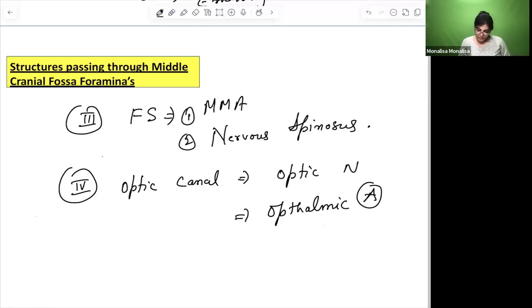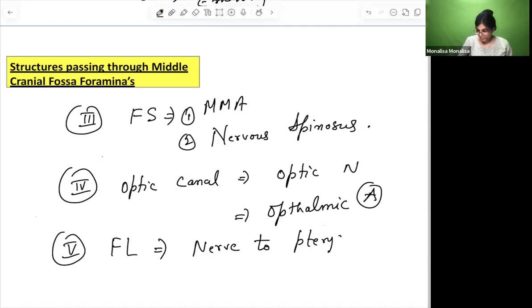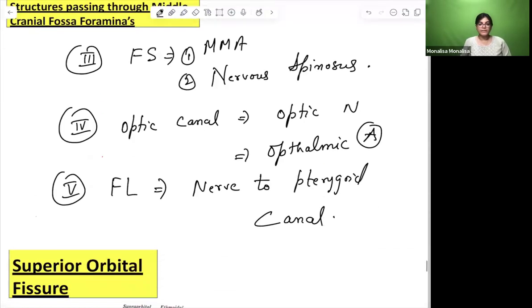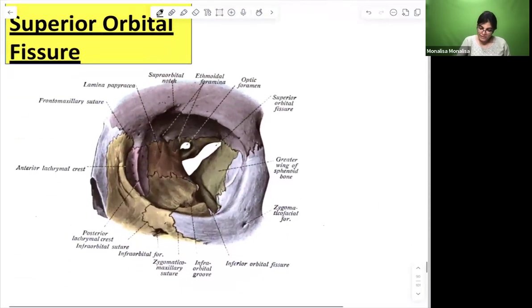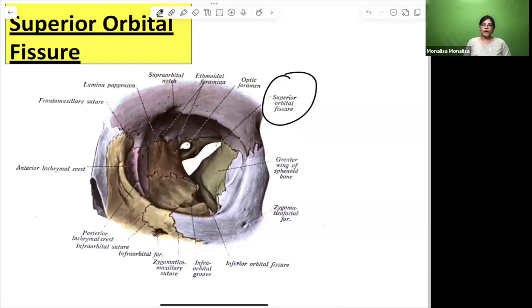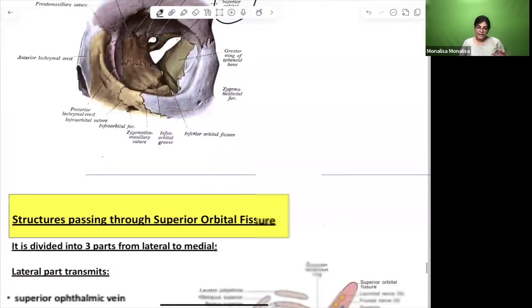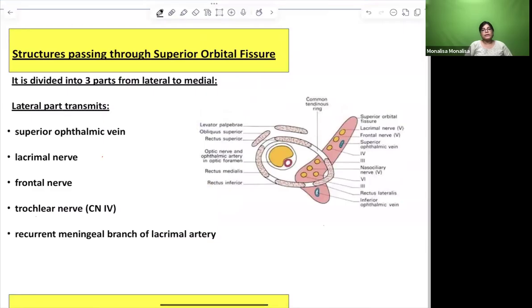Okay. Now we will have the foramen lacerum: the nerve to pterygoid canal. Now, the superior orbital fissure, as you can see, is seen in the orbit. I have already written the important structures passing. The superior orbital fissure is divided into three parts by the common tendinous ring.